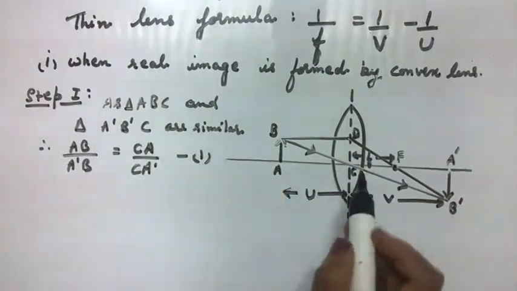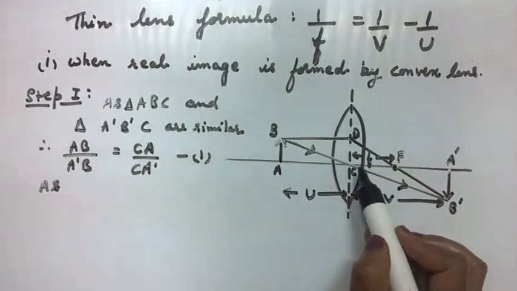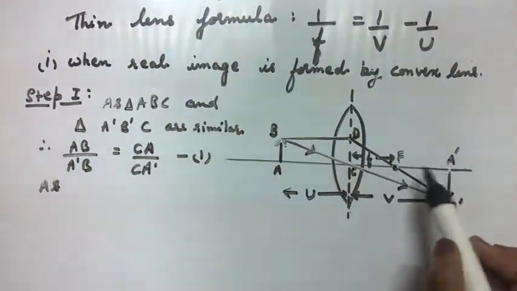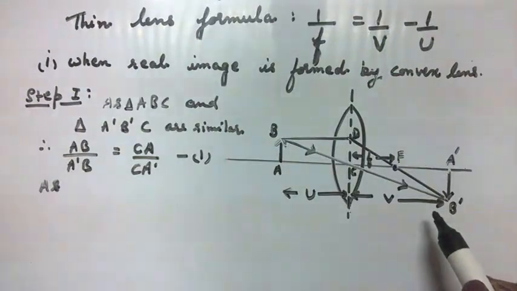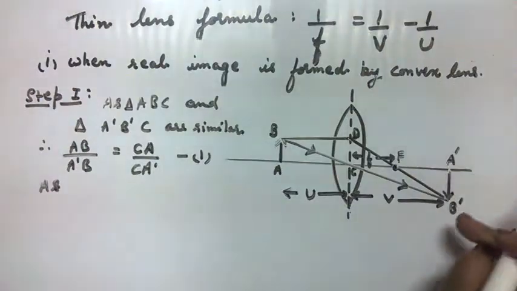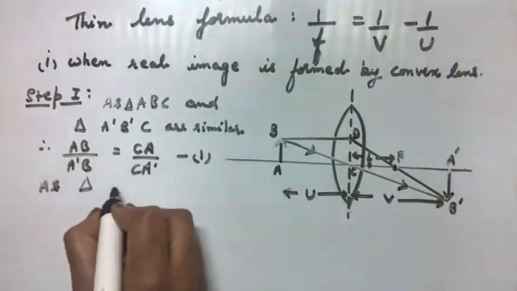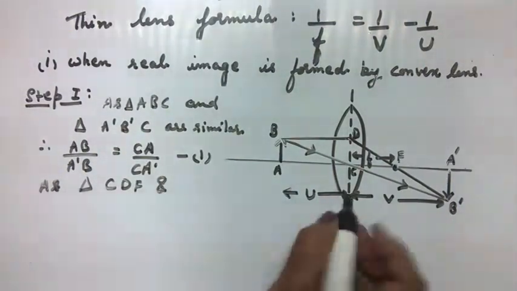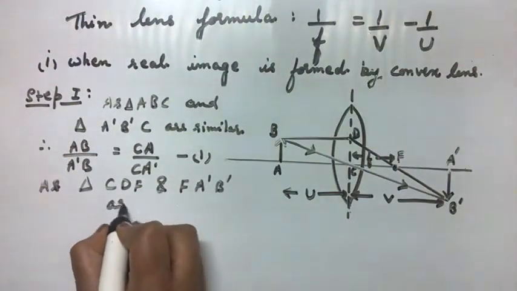Another similar triangle is here. See, CDF is similar to F A dash B dash. So we can write that triangles CDF and F A dash B dash are similar.